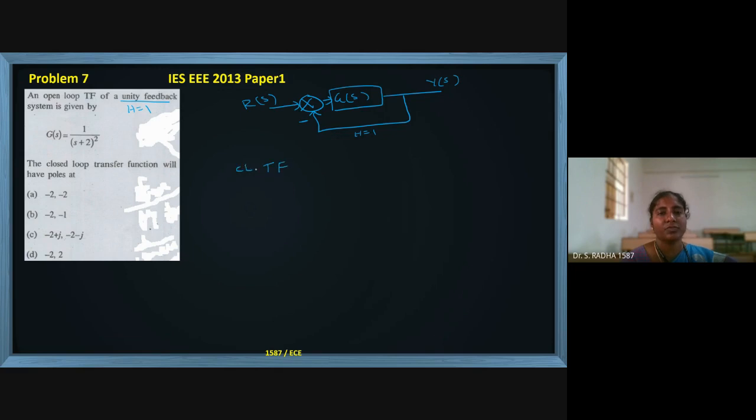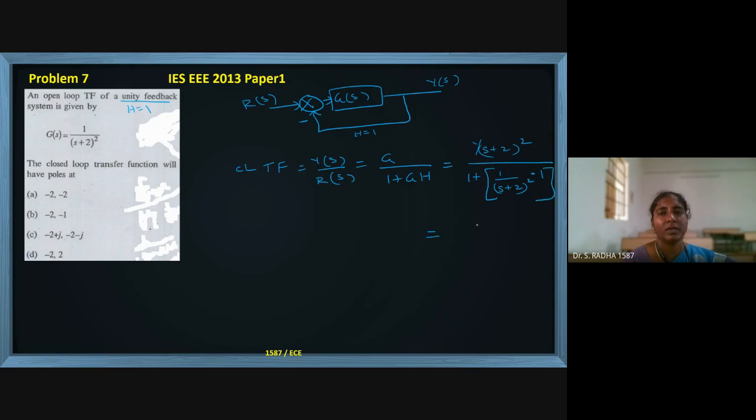Closed loop transfer function, which is Y of S by R of S, is G by 1 plus GH. G value is 1 by S plus 2 whole square, divided by 1 plus GH, where G is 1 by S plus 2 whole square and H value is 1.